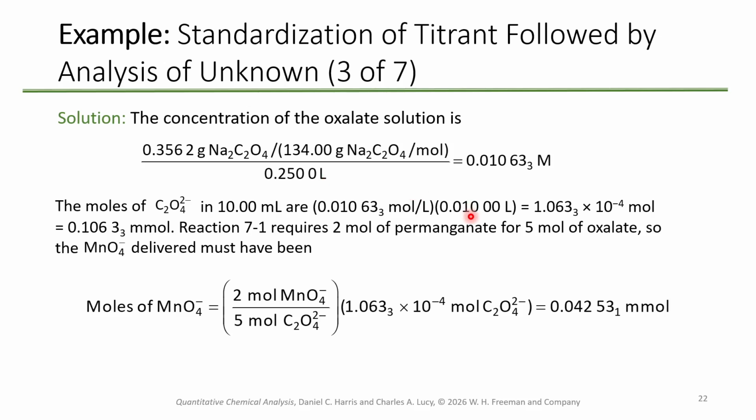So one of the first things we have to figure out is how many moles of the potassium permanganate you would need to neutralize the oxalate.